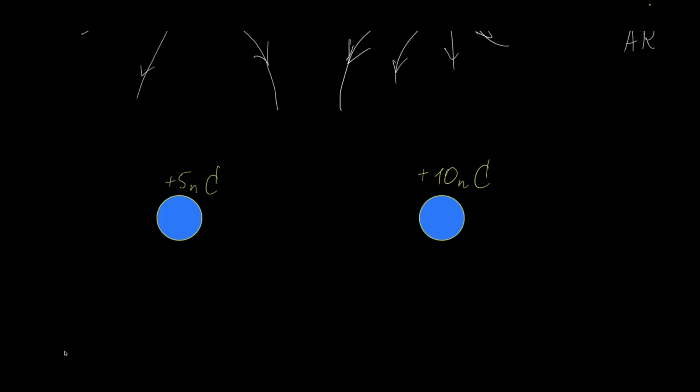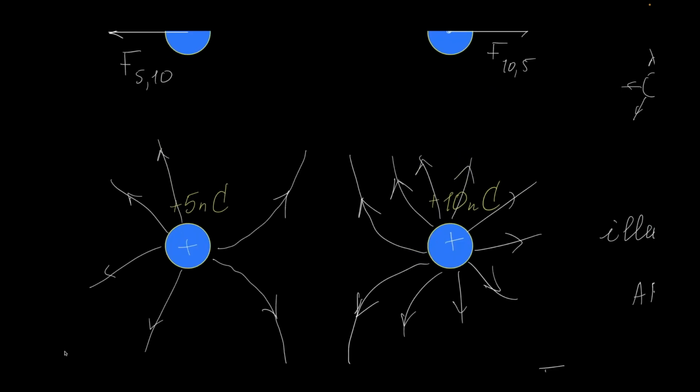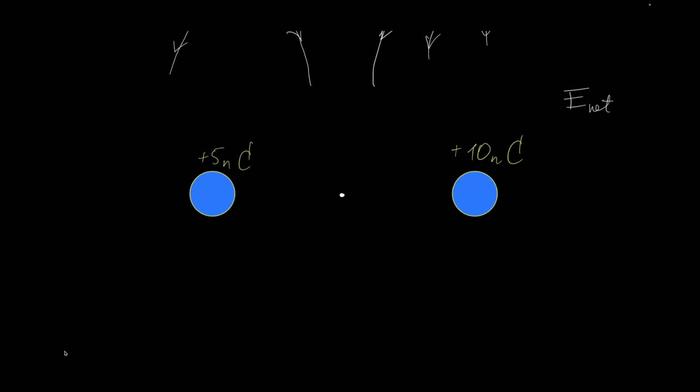Last one, I can ask you to give me a net electric field at any point around those 2 charges. To make our lives easier, I would choose the smack in the middle. You're going to illustrate the field at that very point, not around, at that point. Remember, we imagine a baby positive charge. 10 nanocoulombs is going to repel it.